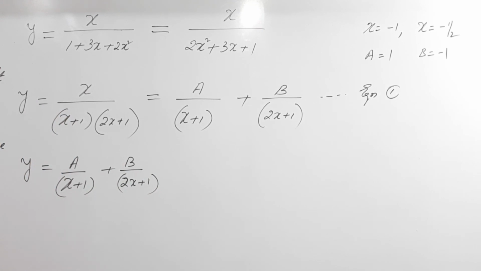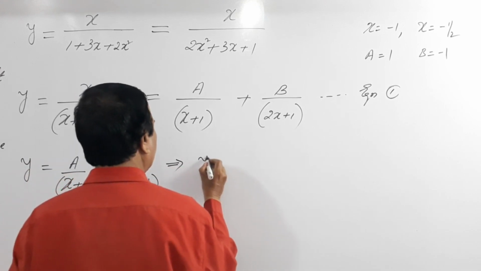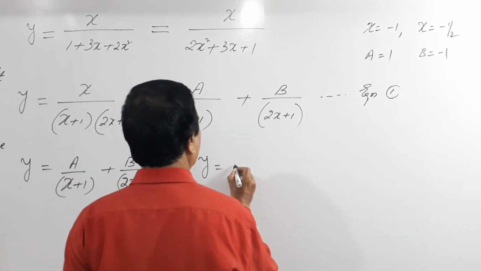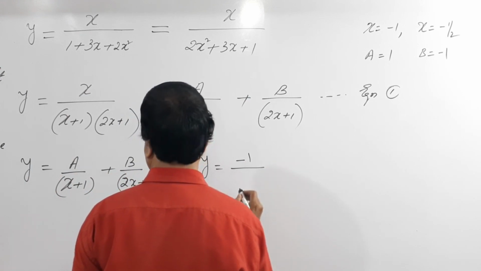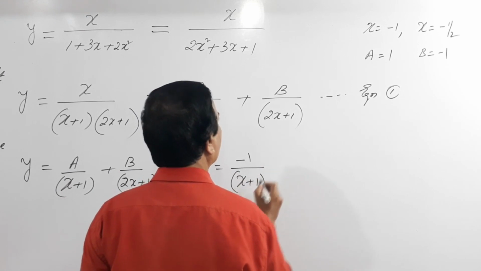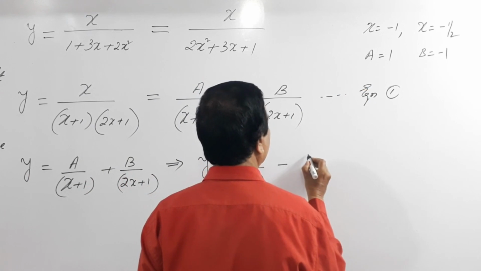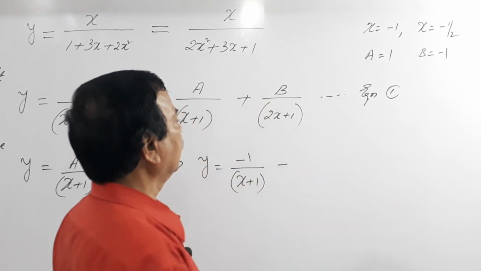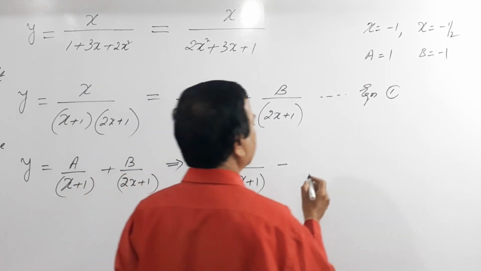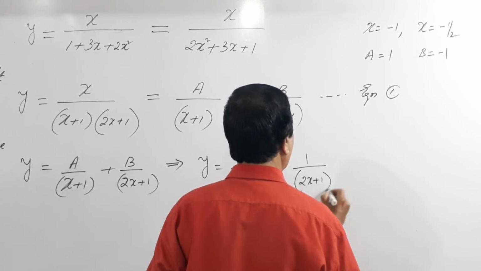Now this is nothing but what? y equals to, what is the value of a? a is 1 by x plus 1. So you have minus, b is also minus, a is plus 1, minus 1 by 2x plus 1.